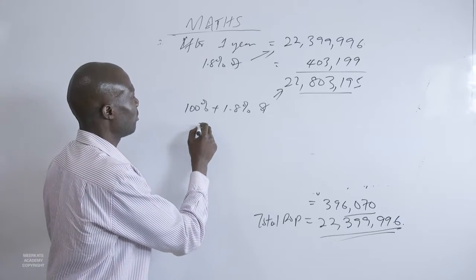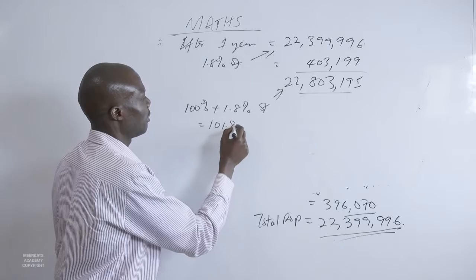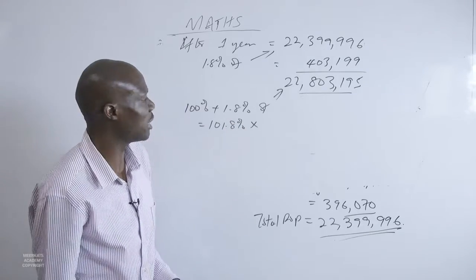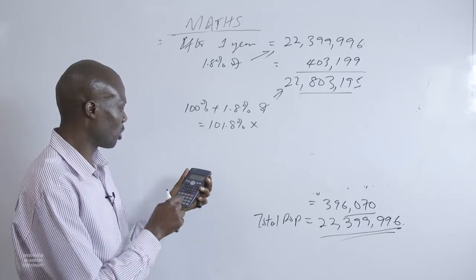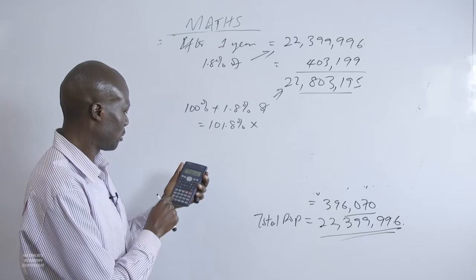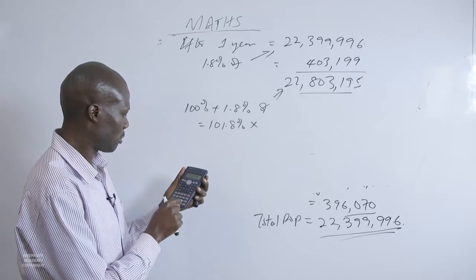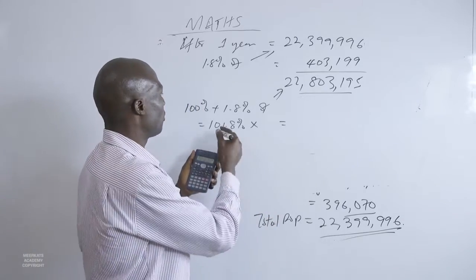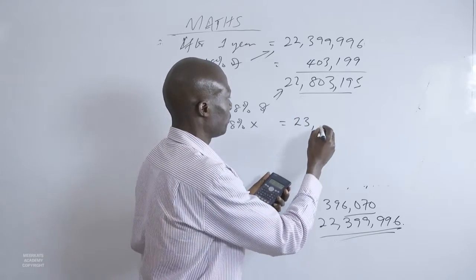So this is the same as 1.018. Then we multiply by what we have, and this will give us a straight total population after 3 years. When you multiply that, after 3 years we get 23 million.